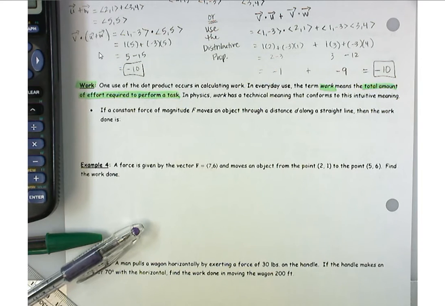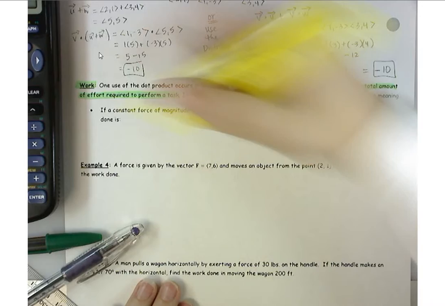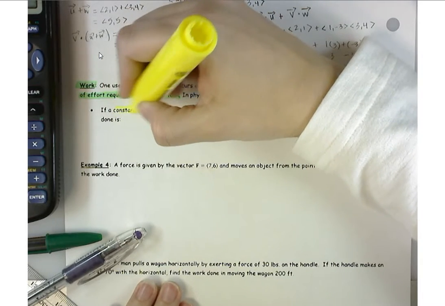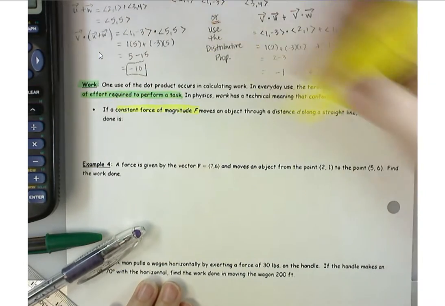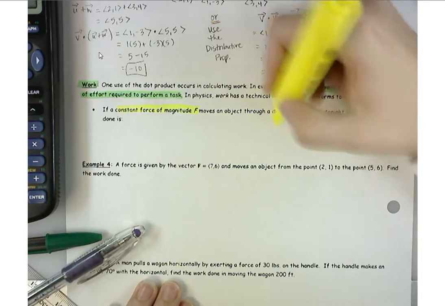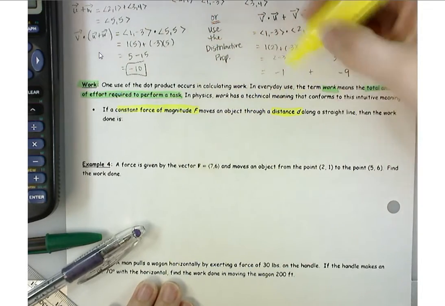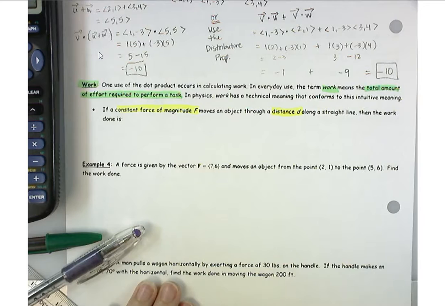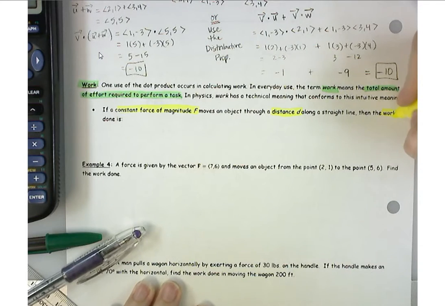So we do have a formula. If you have a constant force of magnitude, so this constant force of magnitude we call F, that's going to move an object through a distance D along a straight line, then the work done is given by this formula.